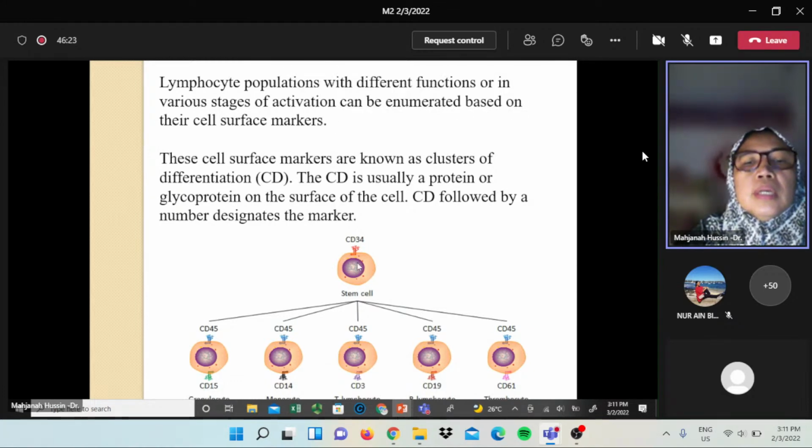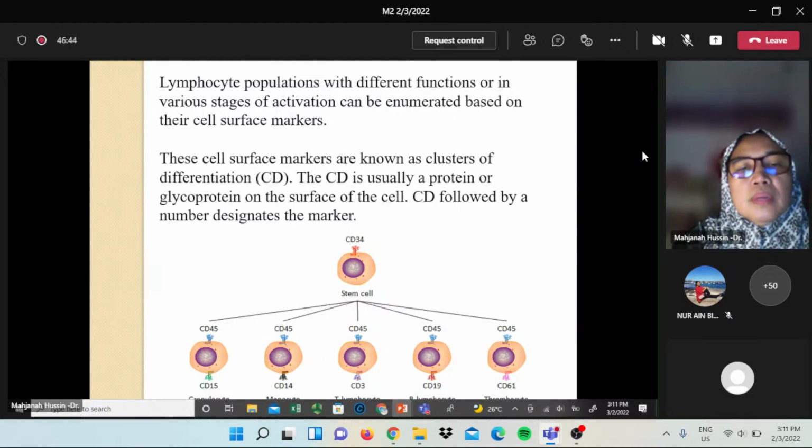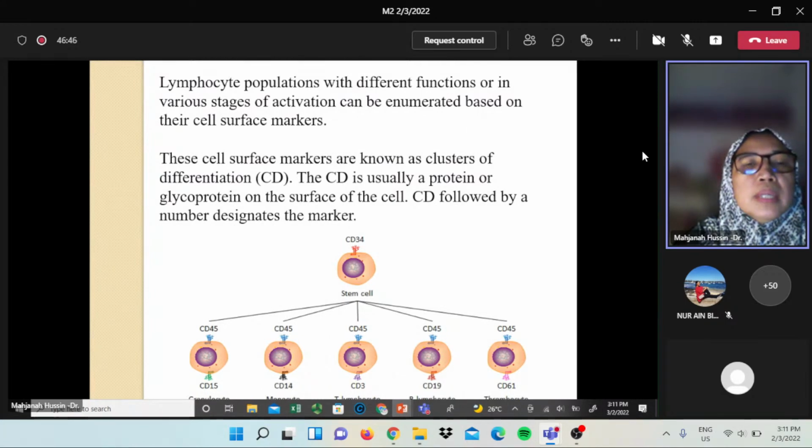It is actually a glycoprotein on that cell. There is a number after the CD that follows the order in which they were found. Of course, CD1 was found first, and CD50 is 49 after CD1. So the numbers are the list.